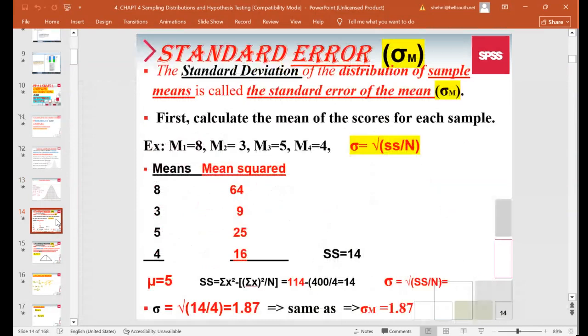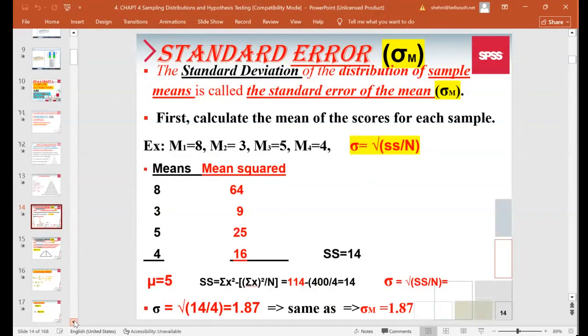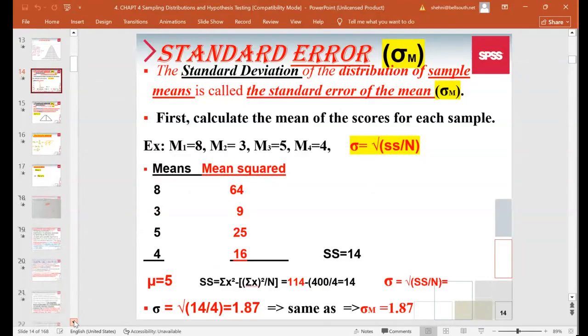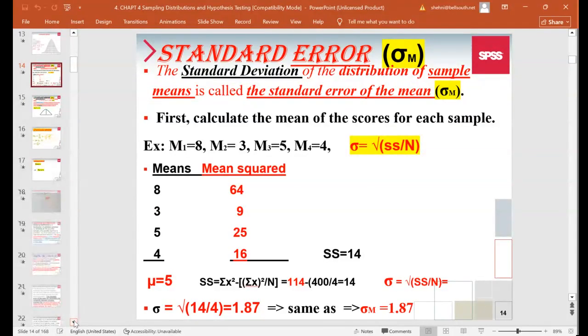Again, today we're going to go over another Z-score. This Z-score is designed for samples. It's opposed to the one that we used before, which was used for one single score. So for that, we need to understand the concept of standard error.